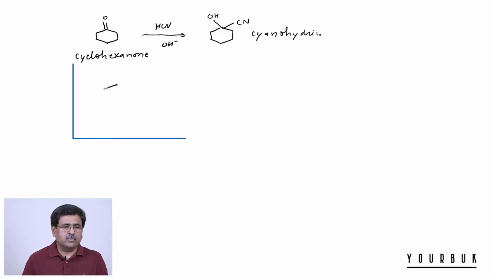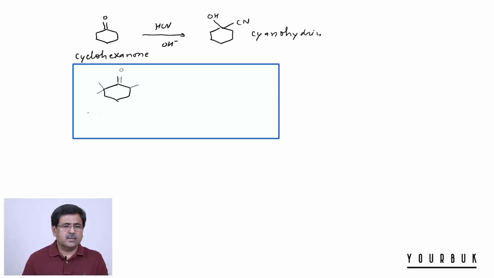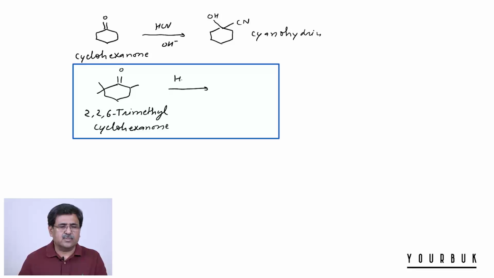But if you are taking this ketone, 2,2,6-trimethylcyclohexanone, it does not form any cyanohydrin on reaction with hydrogen cyanide. The reason is that the ketone carbon is highly crowded due to the presence of 3 methyl groups. So it is difficult for cyanide to attack, and hence it does not form cyanohydrin.